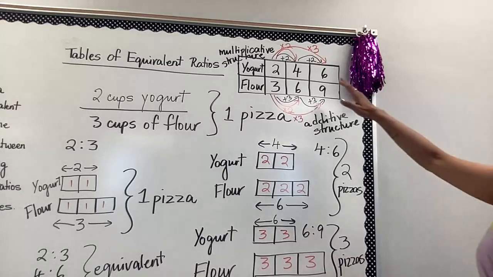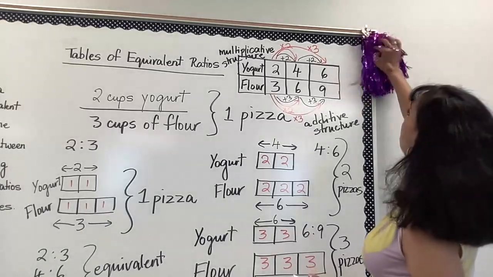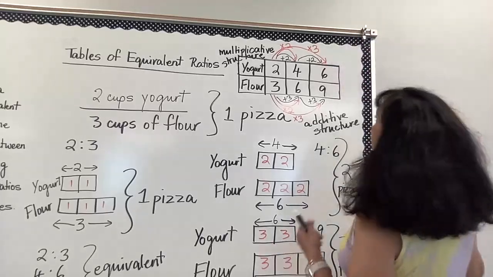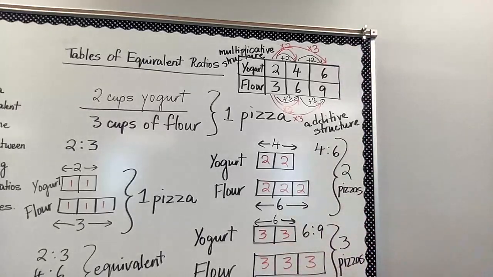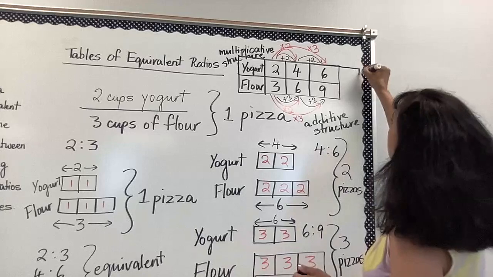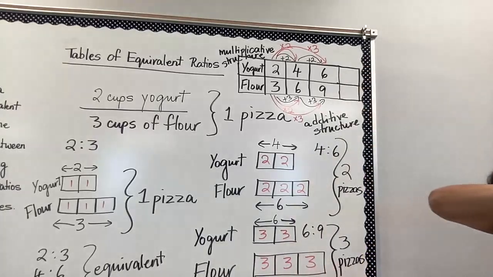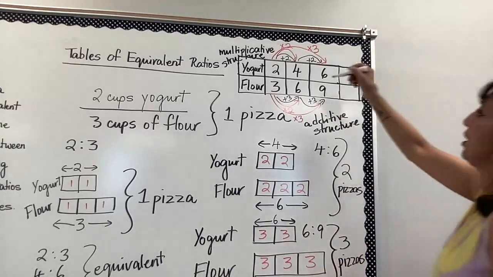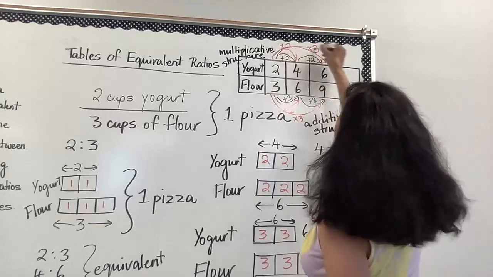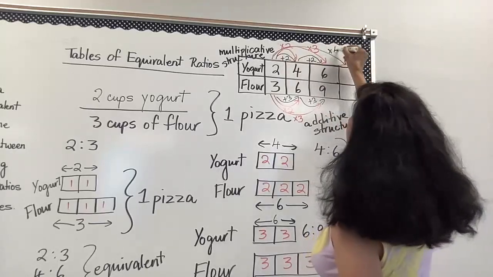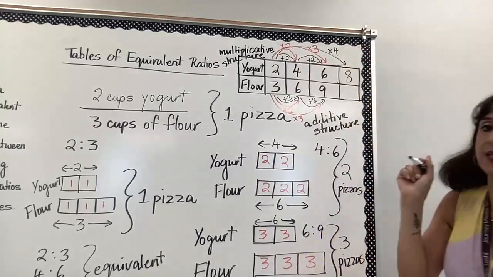So if I had added on to the table, all I would have to do is what? This was 3, so 2 times 4 is going to give me 8.